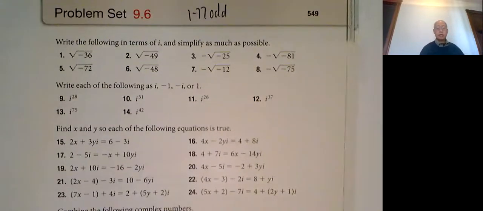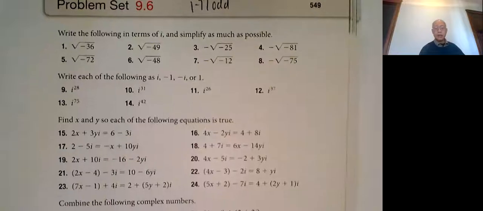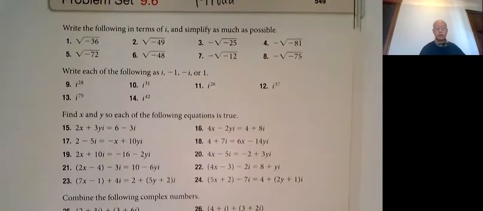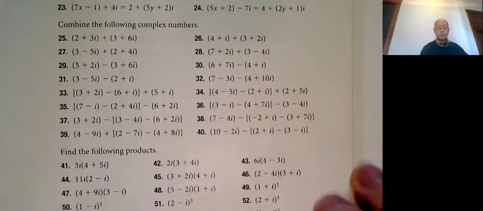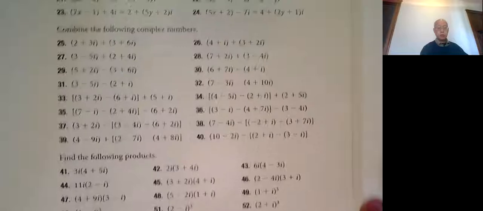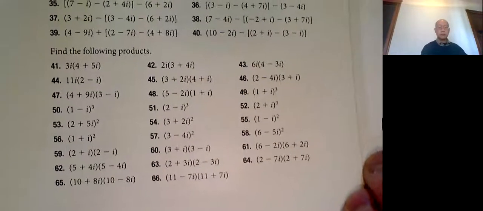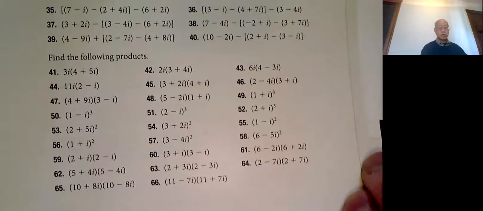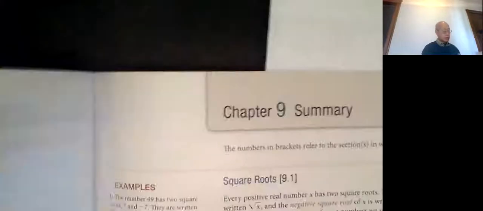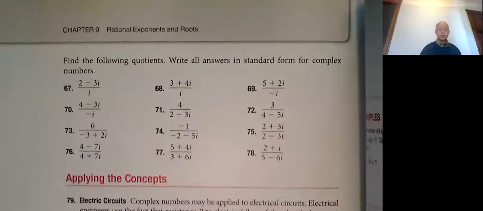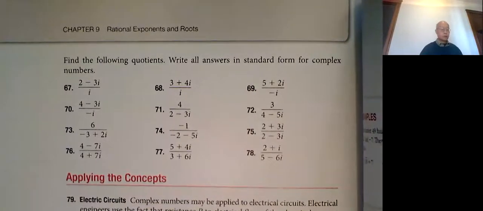We're doing more work with complex numbers. As you can see, there's i's and square roots of negatives. Some more. Some more. And we have to go to 77, so a little bit more on the next page. Here we go. And the answers are in the back of the book.